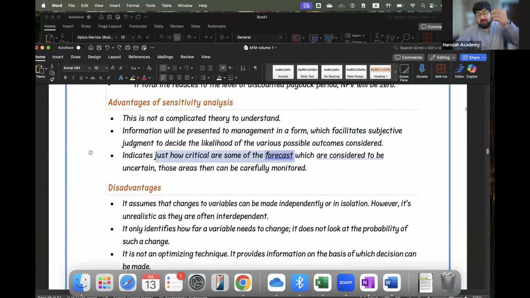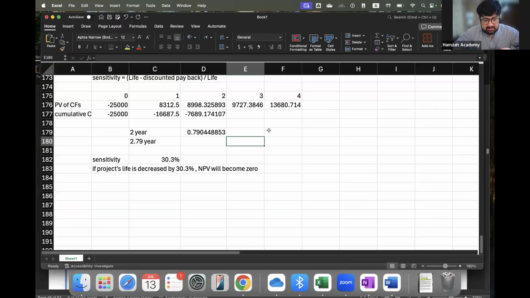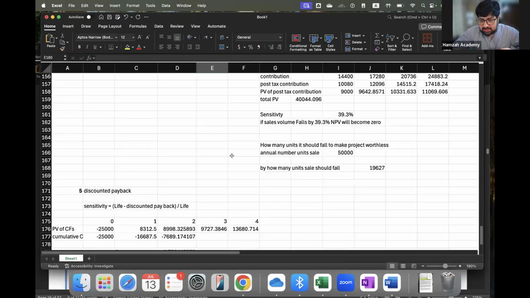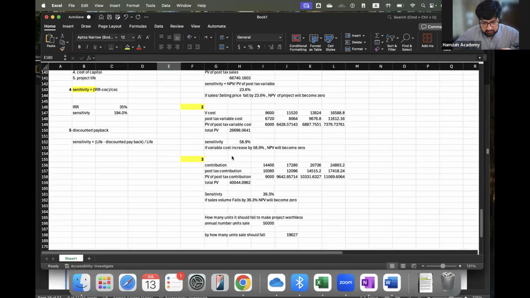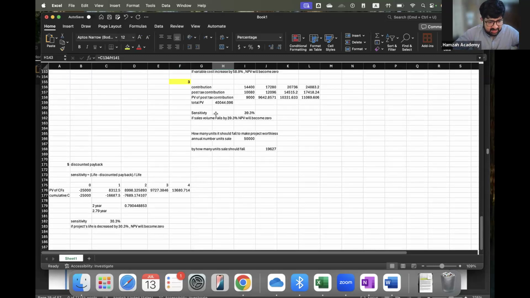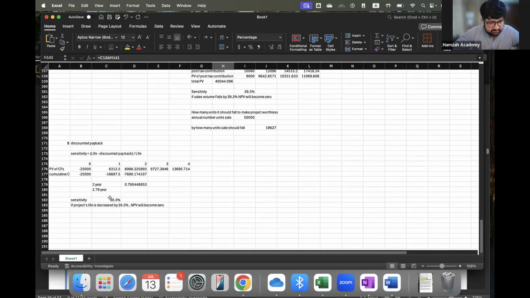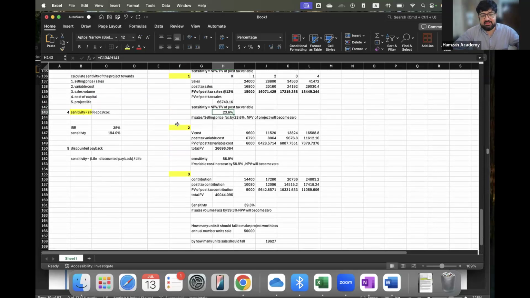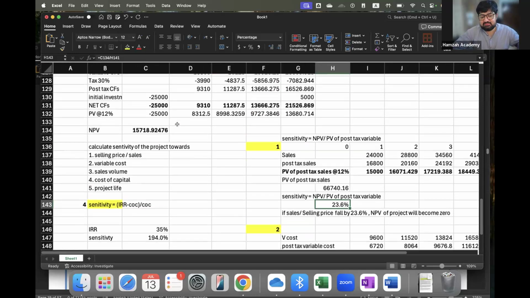Those which, with a small change, will make NPV 0. So what is the most critical variable so far? Sales, which with a small change will make NPV 0. Yes, the most critical is sales right now.